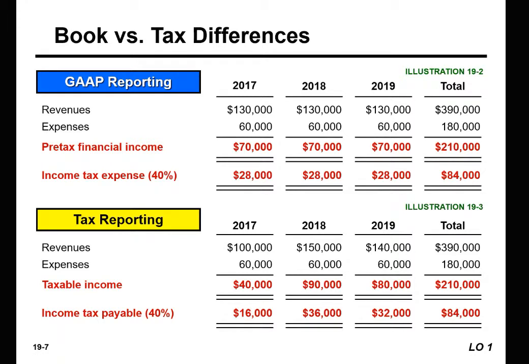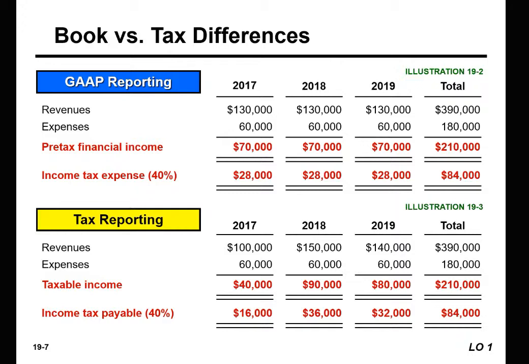Taxable income was only $40,000 in 2017, resulting in a $16,000 income tax payable. However, in 2018, rather than $28,000, which is our income tax expense, we have a remission or a payable of $36,000. And in 2019, instead of $28,000, we need to remit $32,000.